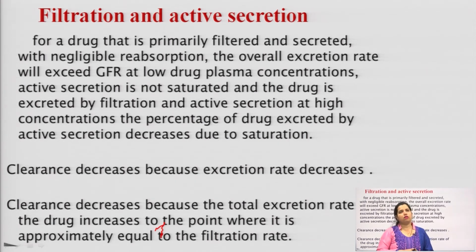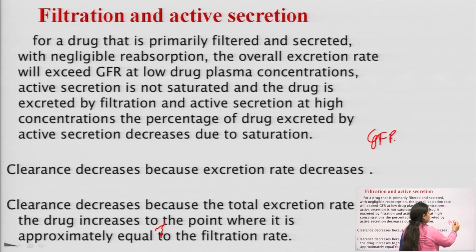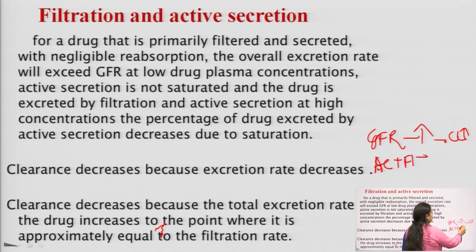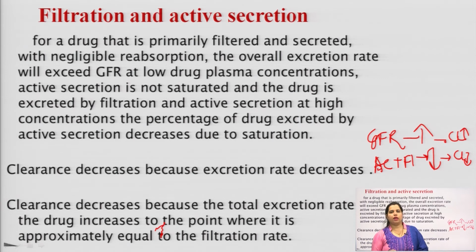When we take the excretion rate by GFR into consideration, we say that drug excretion is high, meaning clearance is high, and with active secretion plus filtration it decreases, so CL will also decrease. This is how we can build up a relationship between various physiological processes.